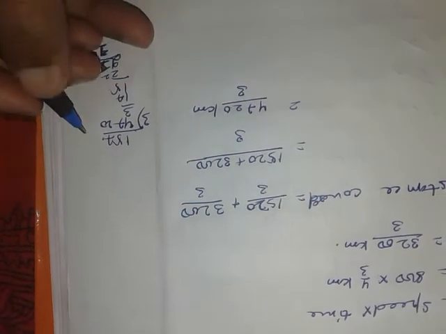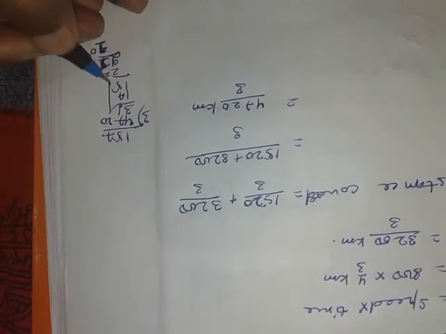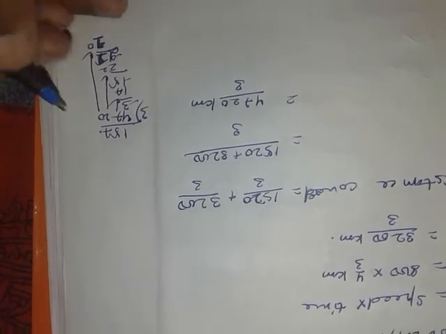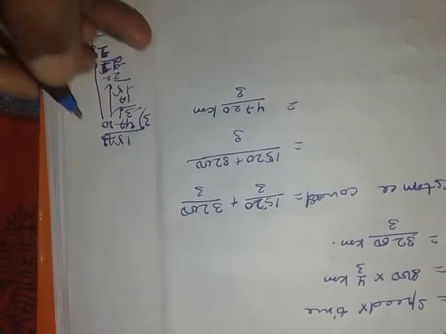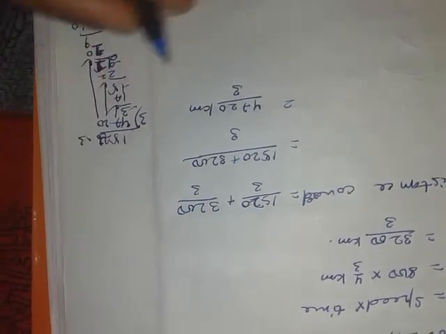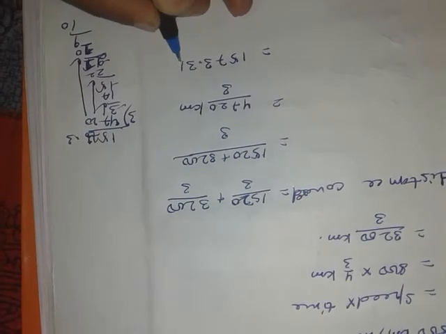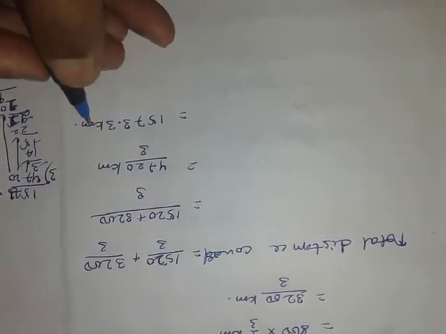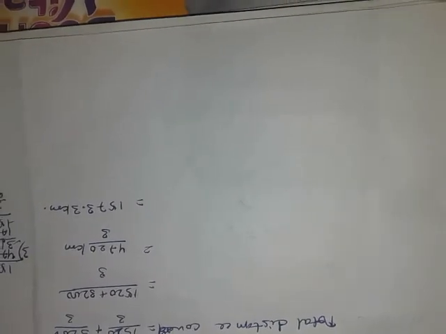Now 1 2 3 by 1 time again, sorry 3 times. Now 0.03, so it is 1573.3 kilometer. Like this it is 333, it is going on, so I write 3 only itself. This much distance that travelled.